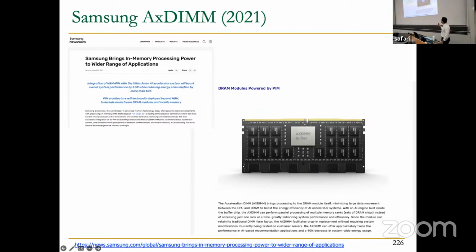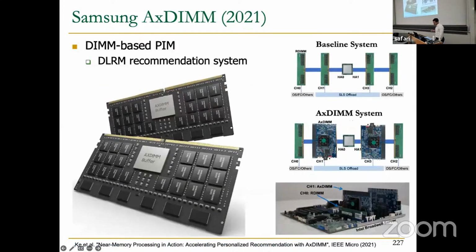What they have is the DIMM, and in LRDIMM you have this buffer here that is used, as I mentioned, for signal integrity for both data and for the command data. What they are going to do is embed some simple computation into this buffer inside the DIMM itself, so that they can do acceleration of recommendation on systems.